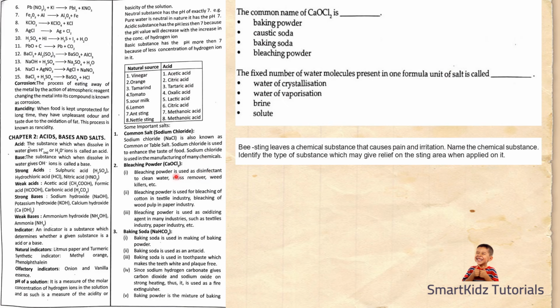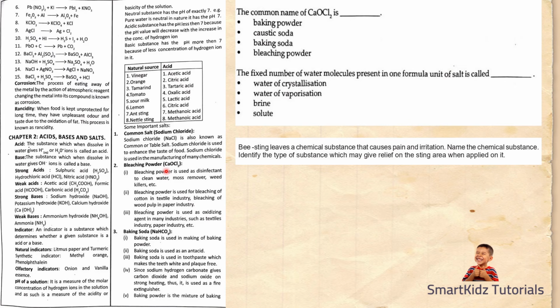bleaching powder, which is CaOCl2. Bleaching powder is used as a disinfectant in water, moss remover, and weed killer. Sometimes you must have seen your mother spraying bleaching powder all over the place outside during the rainy season, where it has become very slippery.